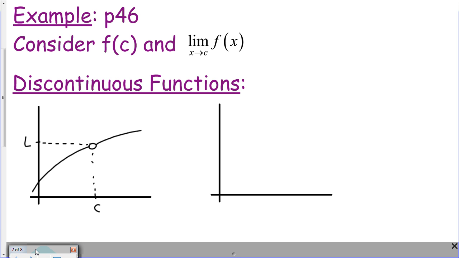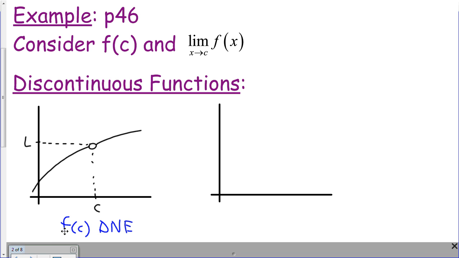In terms of f of c and the limit as x goes to c, the function does have a limit, that's the value of L, but I can see that f of c does not exist. There's a hole there. So I'm going to write down that f of c does not exist on this function. F of c, DNE, for does not exist.